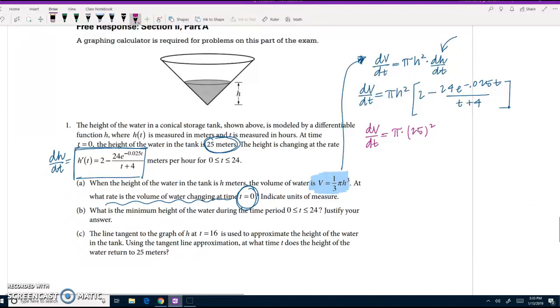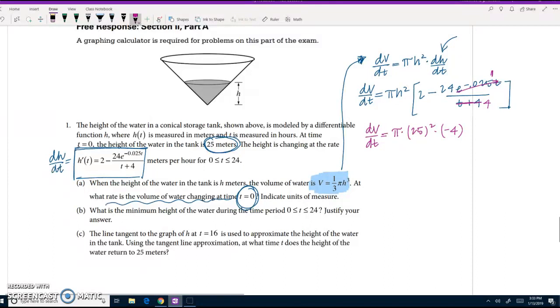And then if I take a look at the structure of this equation, when time is 0, e to the 0th power is going to go to 1. And then down on the bottom here, 0 plus 4, that's going to go to 4. So I end up with 2 minus 24 over 4, which is the same thing as 2 minus 6, which is going to give me negative 4.